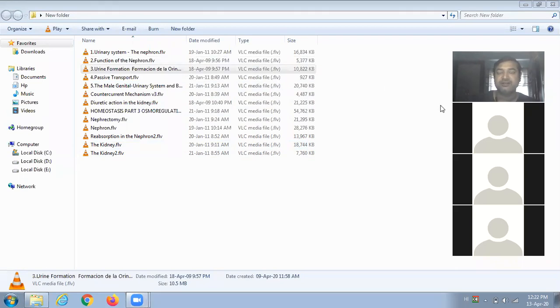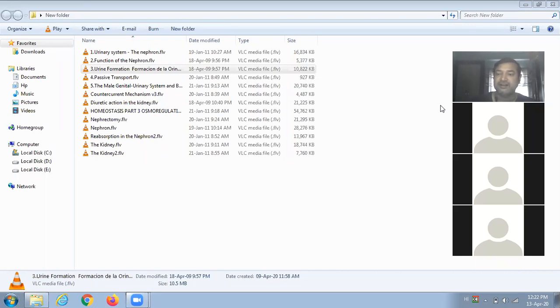One more thing is vasopressin, or ADH. You might have seen that ADH has a very important role in the formation of urine, because when the level of ADH decreases, what happens?